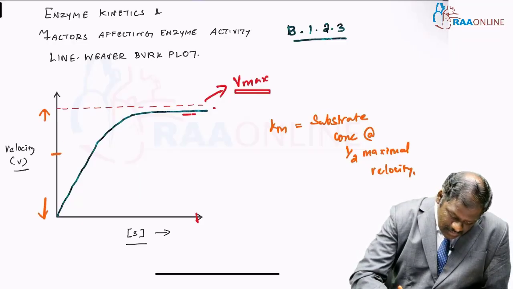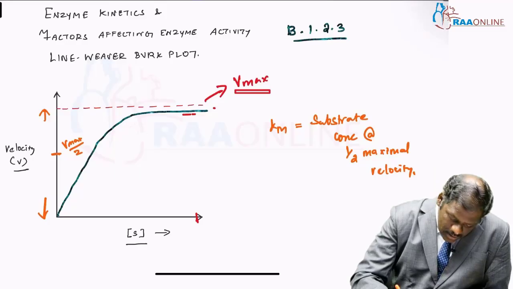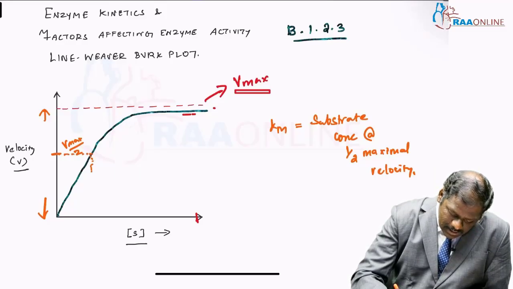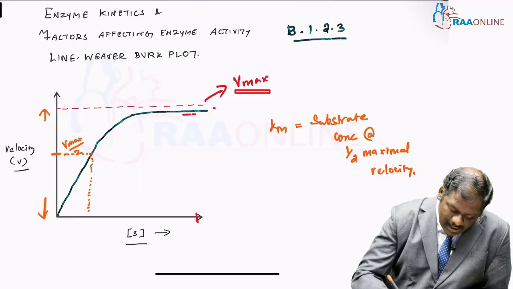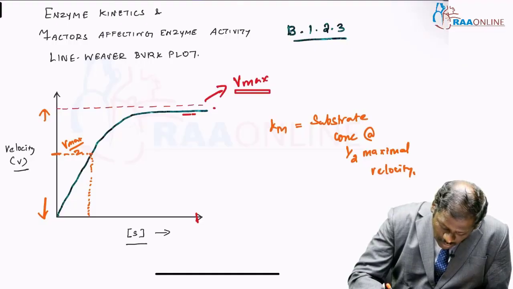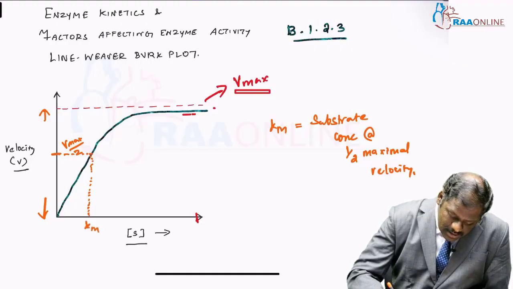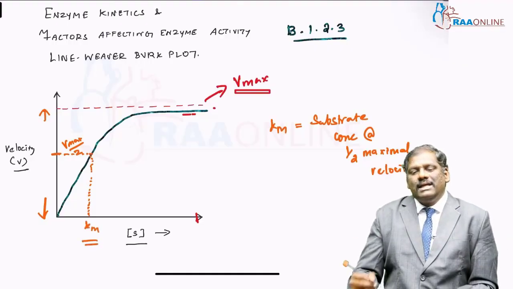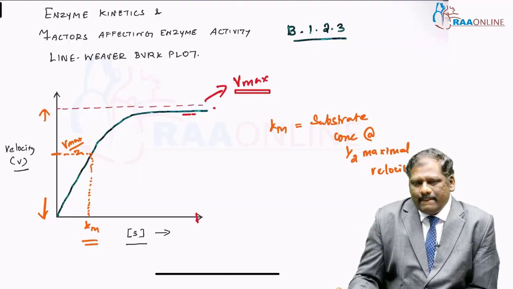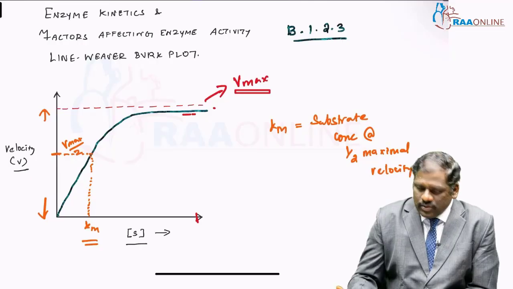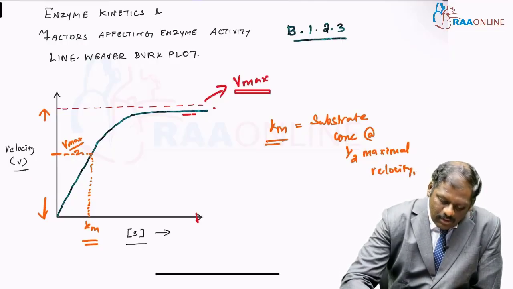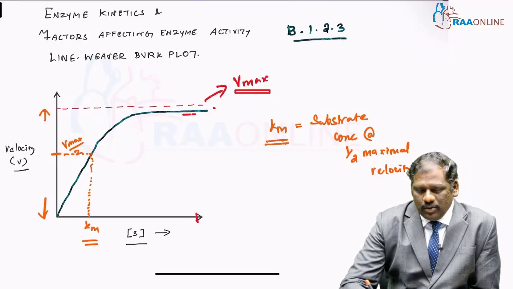Okay. This is Vmax by 2. So you draw a line here and you connect that line with the x-axis. So you will have a concentration, right? This concentration is called Km. Clear? So this is called Km of the reaction.